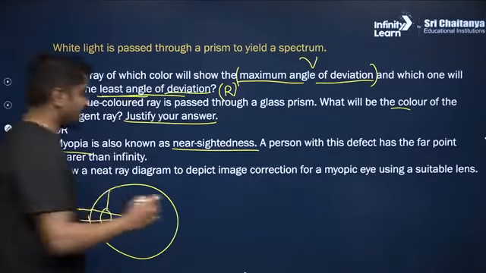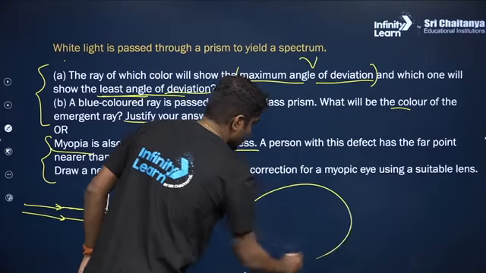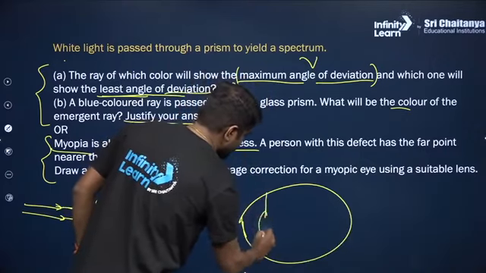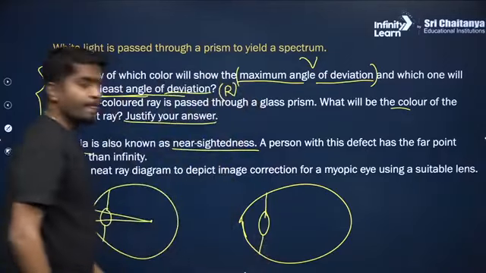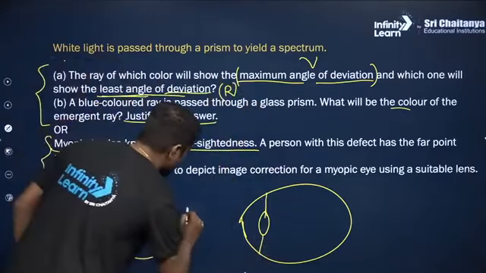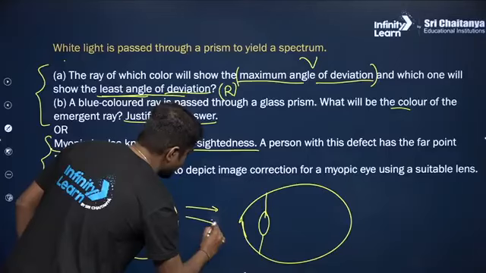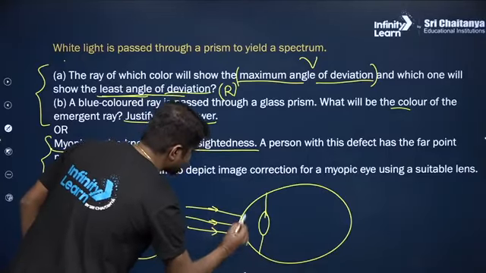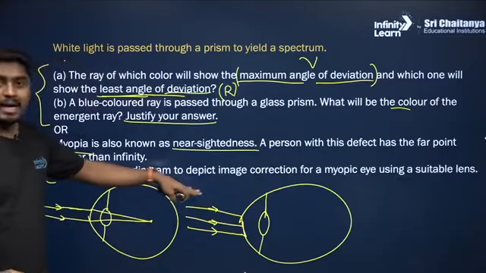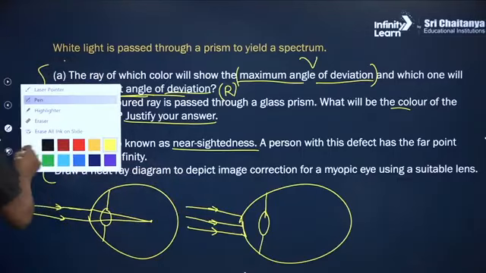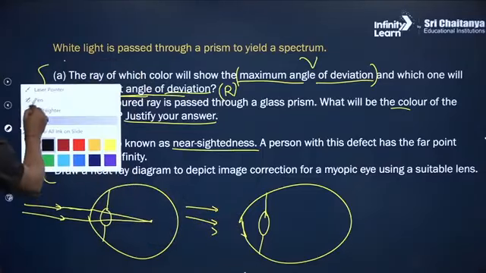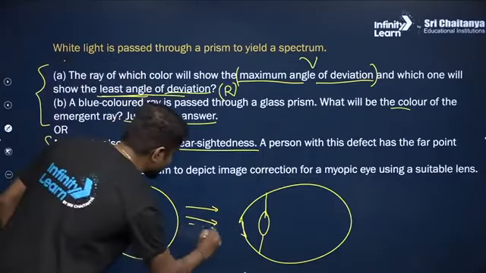Now we have to correct it. So there is again a bulged eye, there is a lens, है ना? So again we are going to draw the rays which are coming from the object which is kept at infinity. So now we need to use a correcting lens here. So which lens will you use?